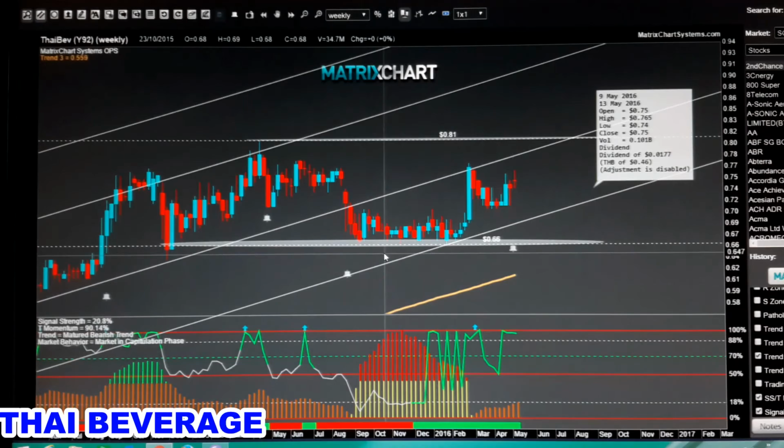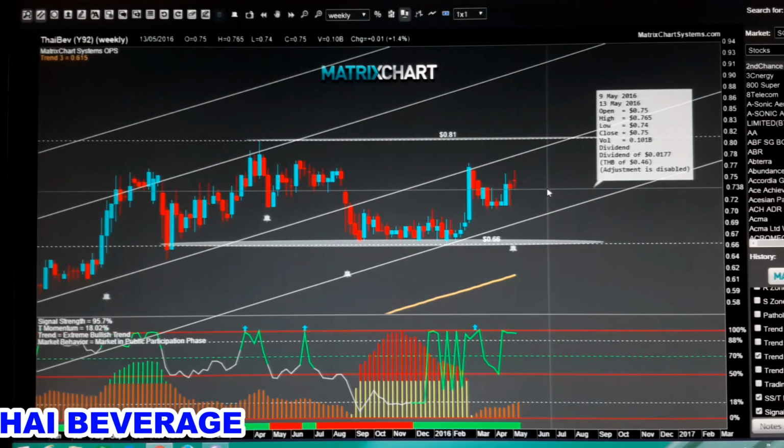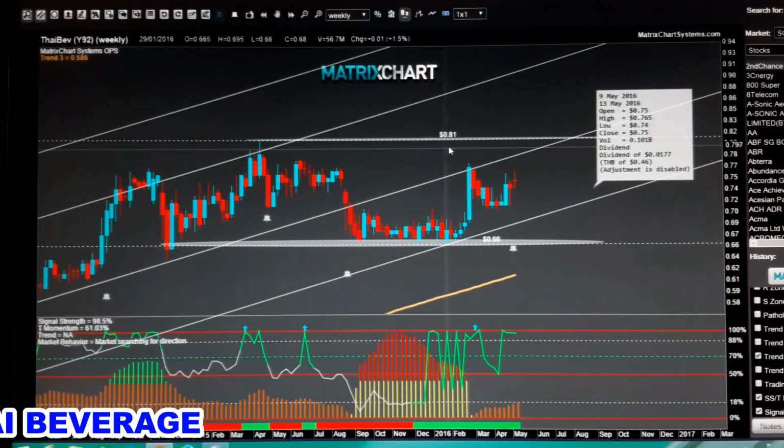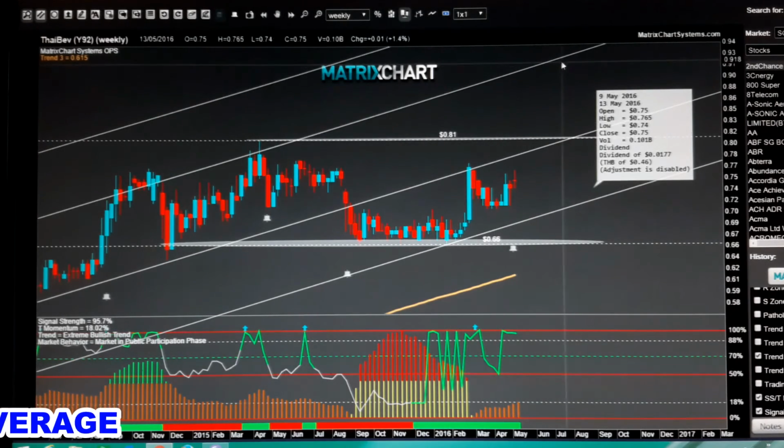Therefore, in future, if the price action can go beyond this horizontal line 0.81, I shall see this counter go further up to this upper channel line, quite near to 0.93.